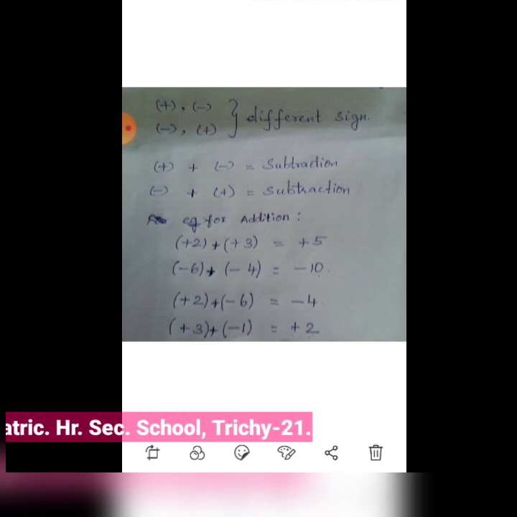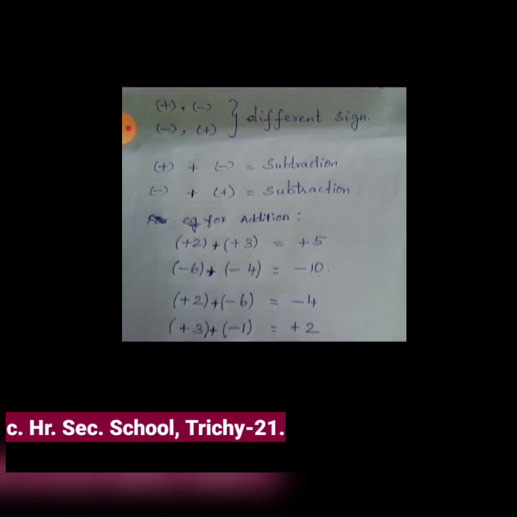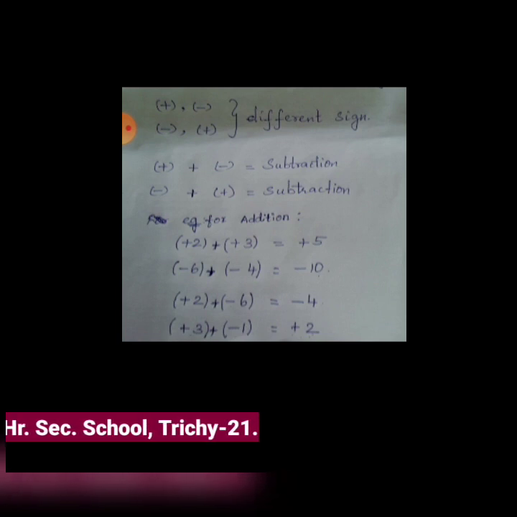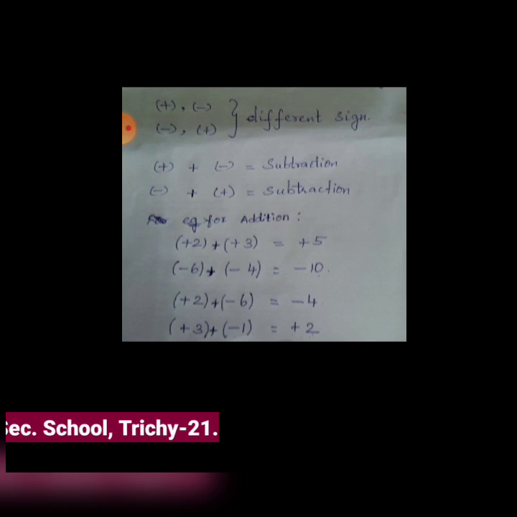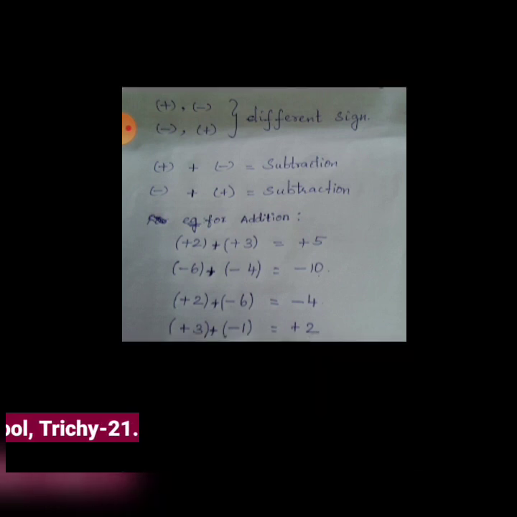For example, let us consider two numbers plus 2 and plus 3. The positive number is added with another positive number, we get a positive integer. Plus 2 is added with plus 3 to get plus 5. In the second case, minus 6 is added with minus 4.